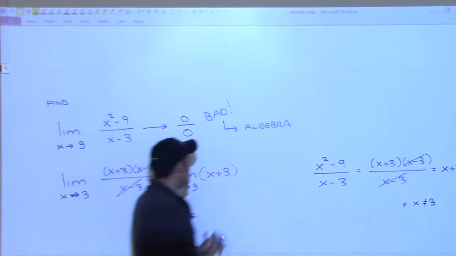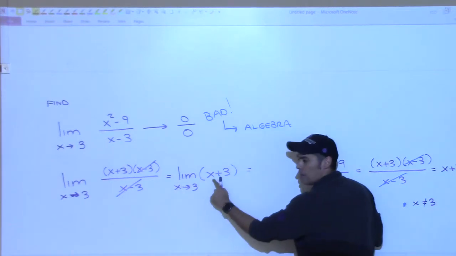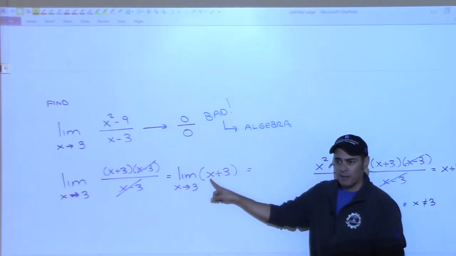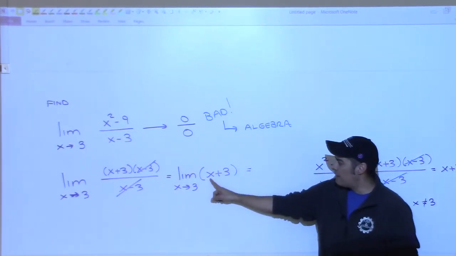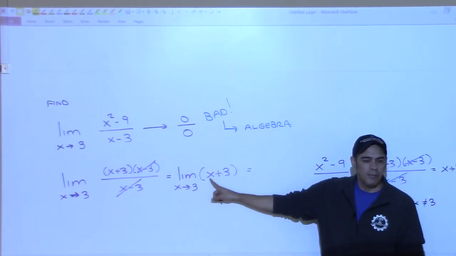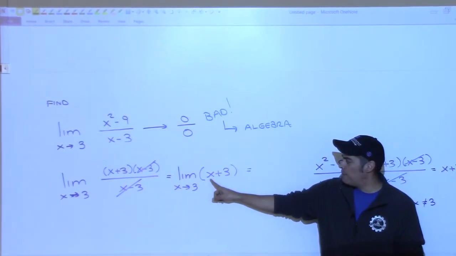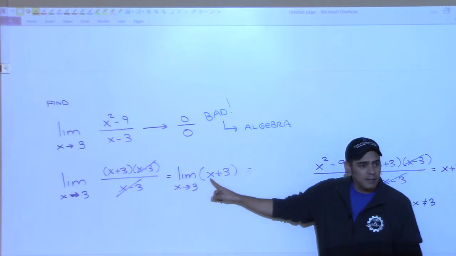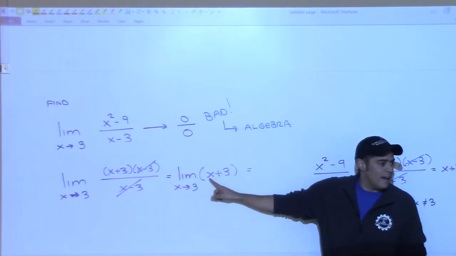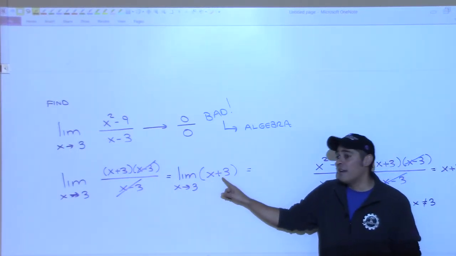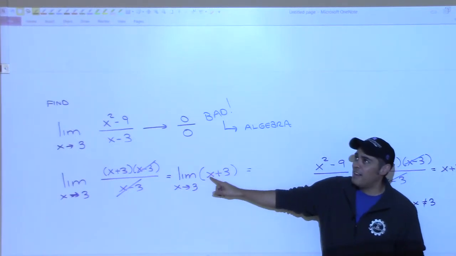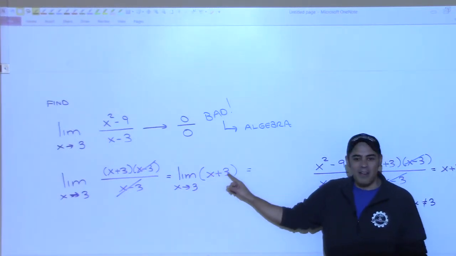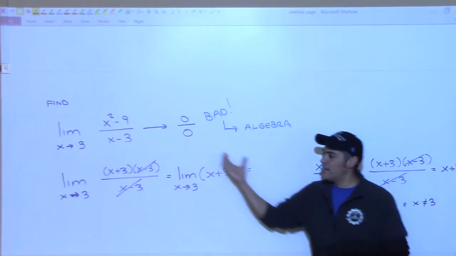So just imagine you start plugging numbers in here that are getting closer and closer to 3. So let's say like 2.9. If you plug 2.9 in here, what would this become? 5.9? What if you plug 2.99? 5.99. What if you plug 2.9999999? It'd become 5.99999, right? So what is this approaching?